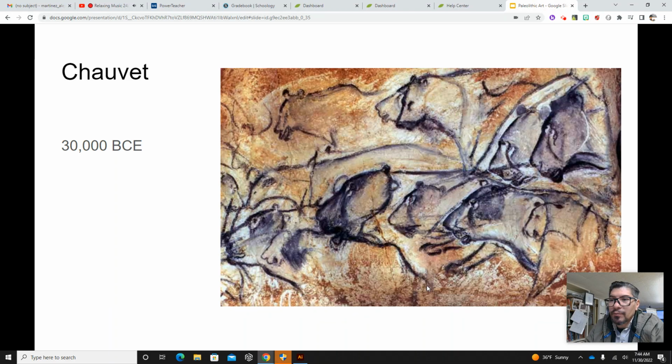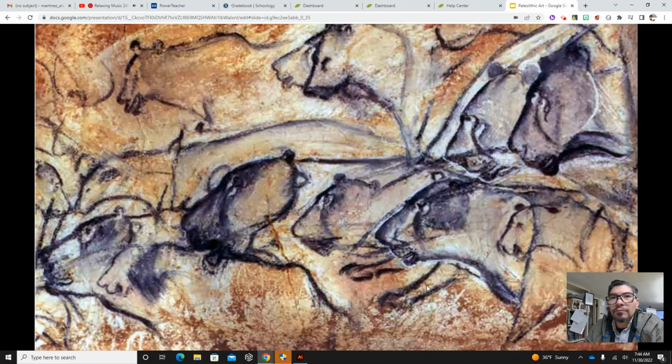So some of the things that they probably would have seen, this is in France, probably would have seen bears and lions. And so this wall here is showing mostly lions, but at the top there you can see a more bear-like figure on the top of the left-hand side. These are very well drawn images. They're not drawn from fantasy.